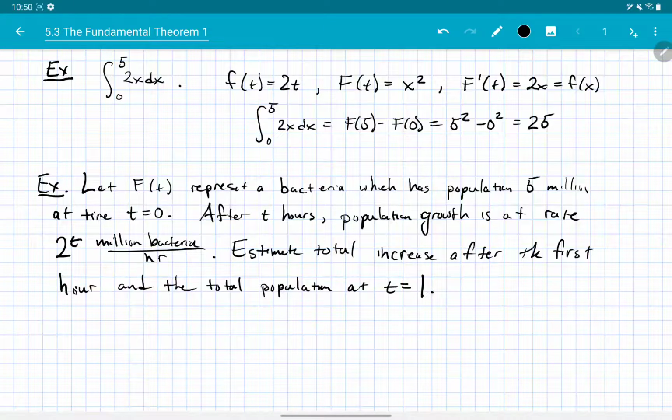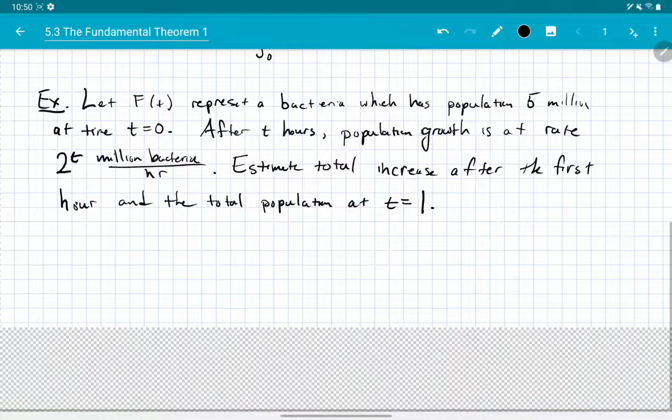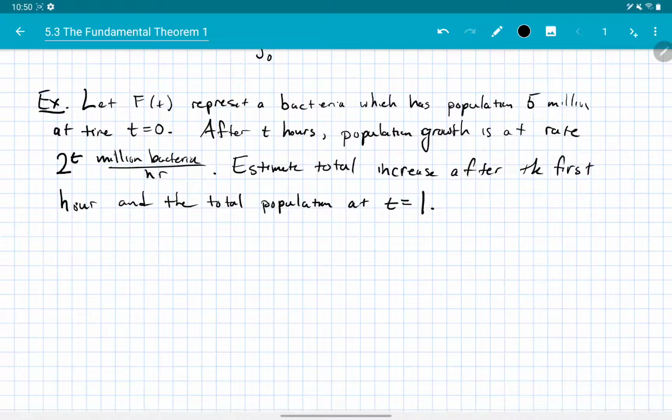Okay, so we have to take a look and figure out what's going on here. Okay, so capital F of t is the amount of bacteria that are there. Capital F prime of t is stated to be equal to 2 to the t million bacteria per hour.